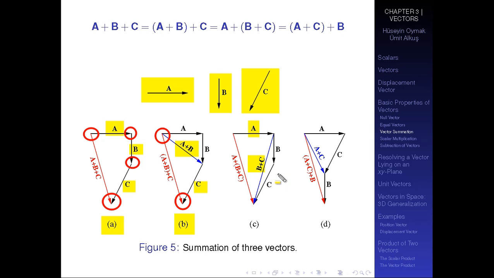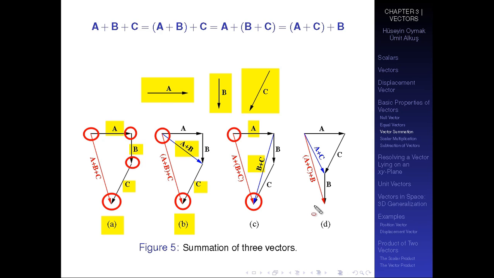The resultant vector A plus B plus C is formed by placing its tail at the tail of A and the head at the head of B plus C.